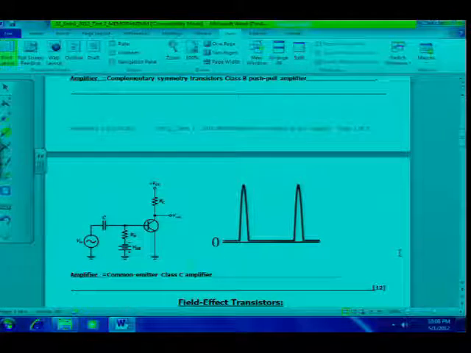Right, and the last one here, only a small portion of the input signal is amplified. And we know because only a small portion of the input signal is amplified, it is a class C amplifier. And I can see it's a common emitter.